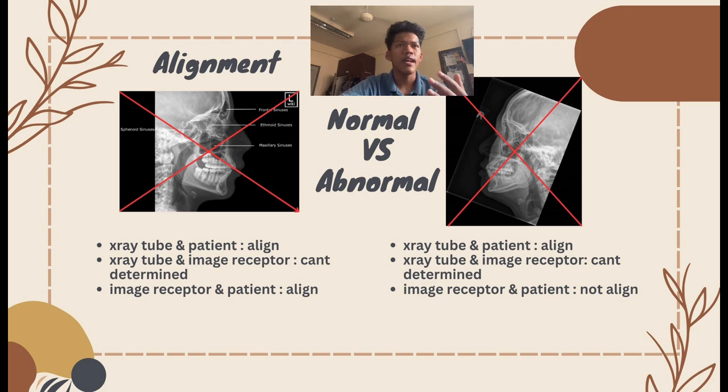For the X-ray tube and image receptor, we can determine whether it's aligned or not. And lastly, the image receptor and patient. By looking at the picture, we can see that the image receptor and patient are not aligned.